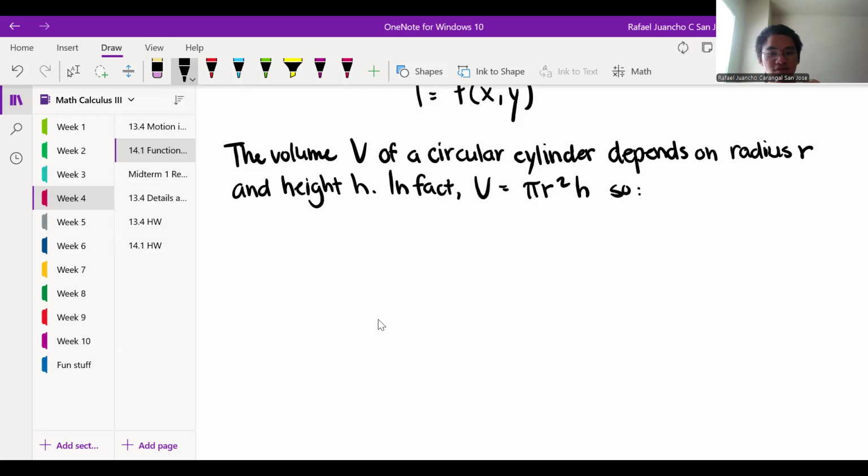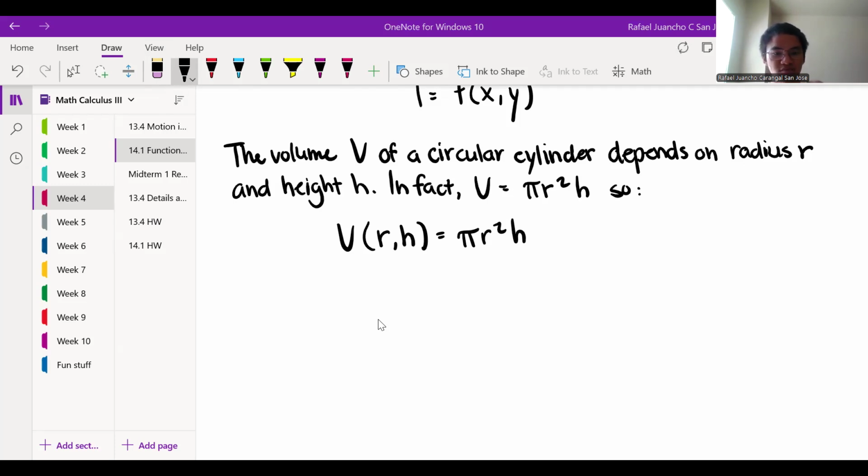So we can say something like our volume in terms of r and h is just equal to, well, this volume. So we have two unknowns here, which are radius r and height h. I hope that makes sense.